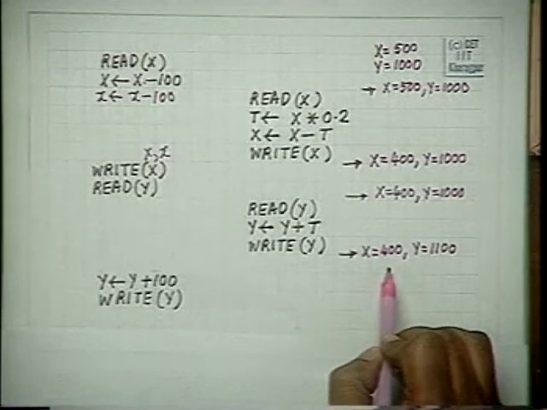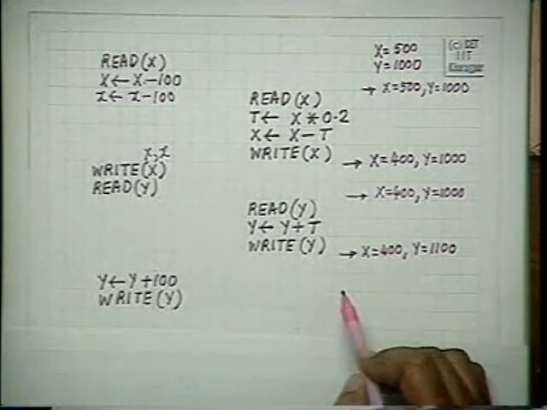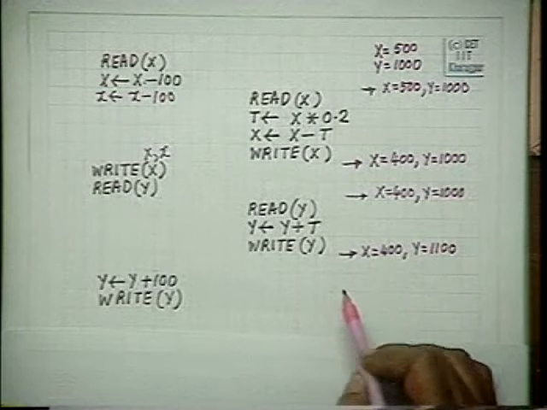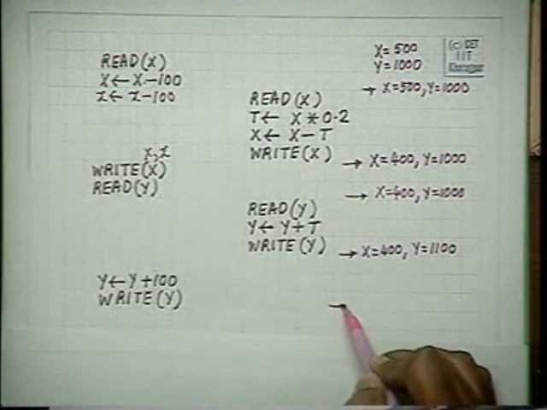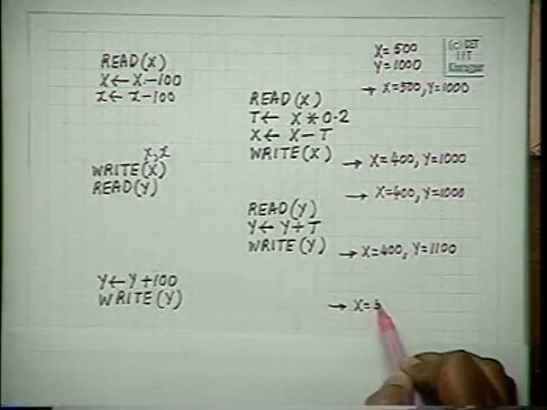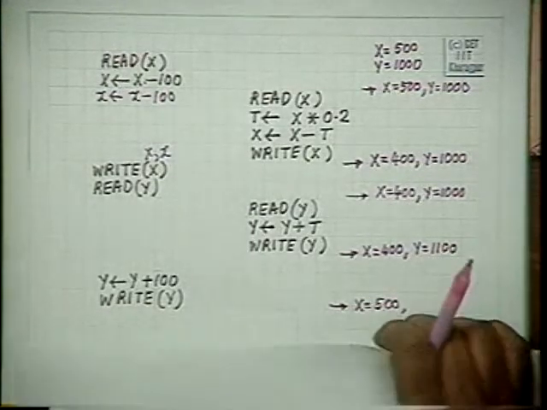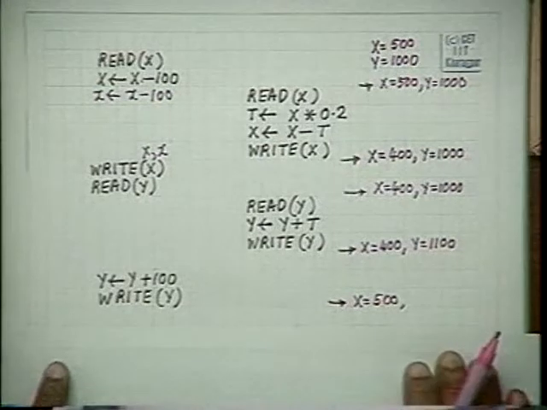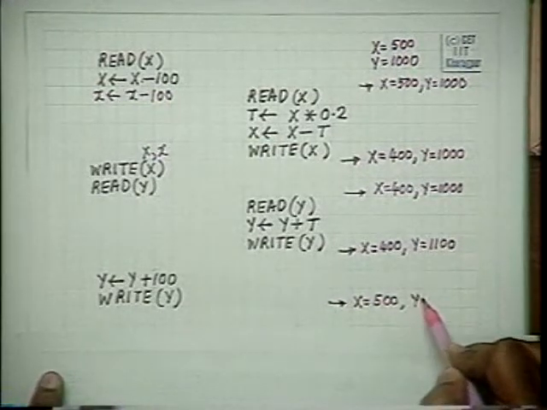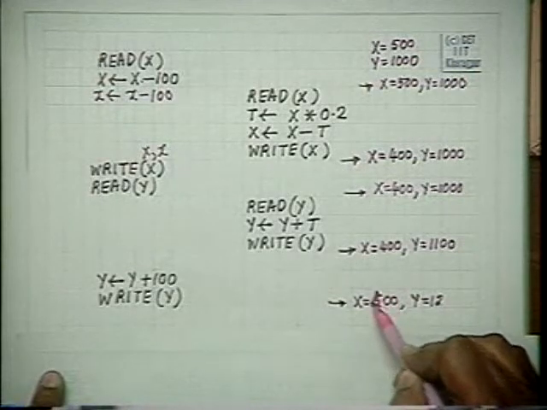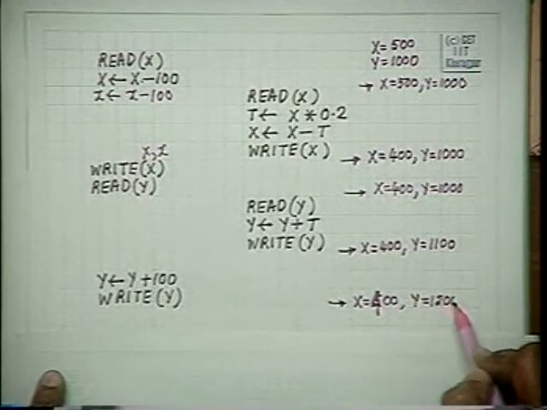I hope this is okay. Here x becomes 500 and y... x is still 400, sorry, and y is 1200.